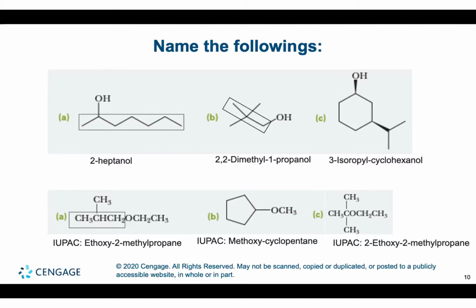So on carbon 2, I have an ethoxy group. Make sure when you write it down, you write it as a branch, this ethoxy group. 2-ethoxy, 2-methylpropane. So I write it down based on alphabetical order. When we number the carbons, 1, 2, 3. So it's going to be 2-ethoxy-2-methylpropane.